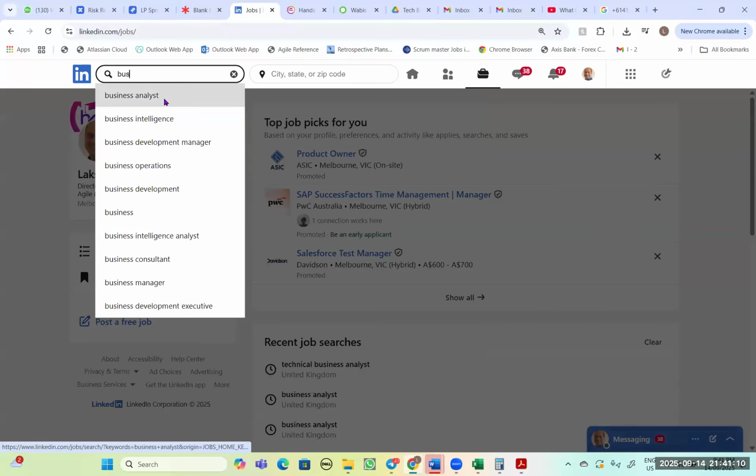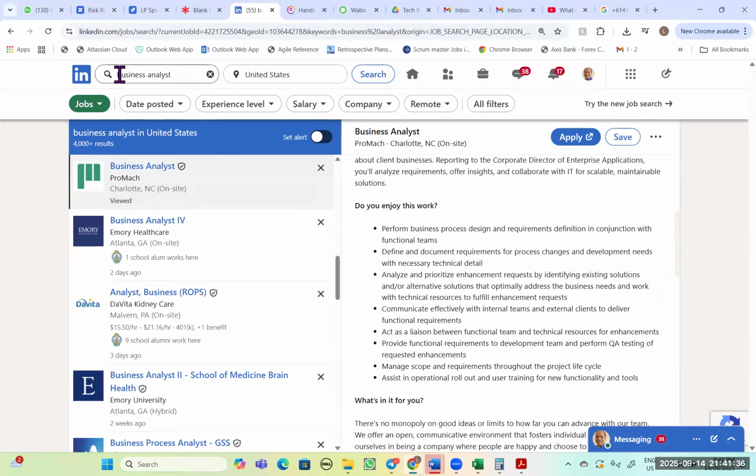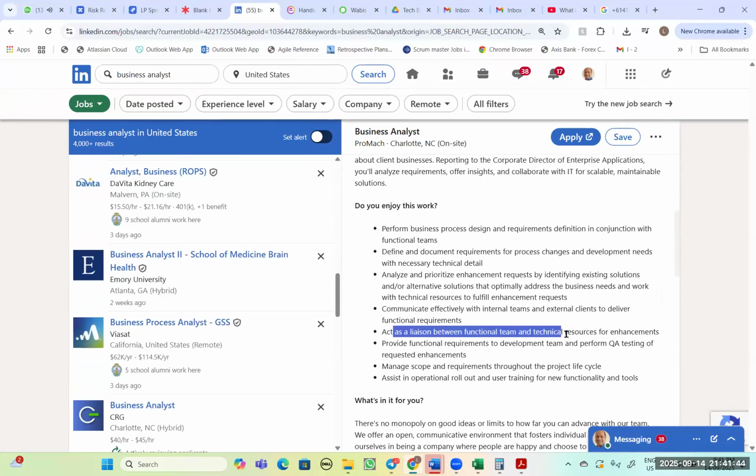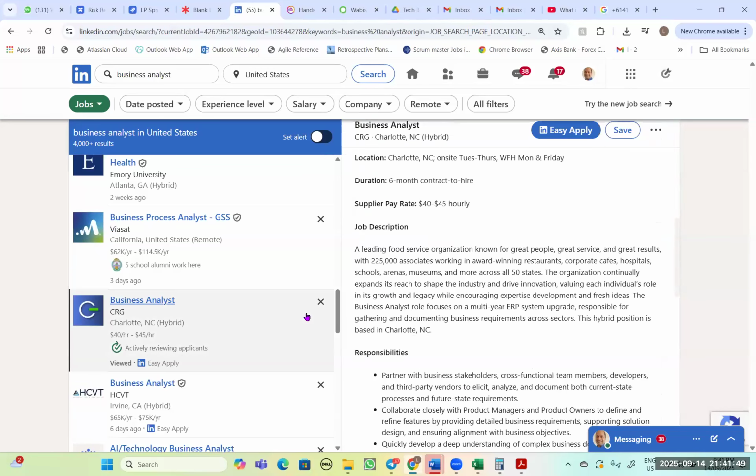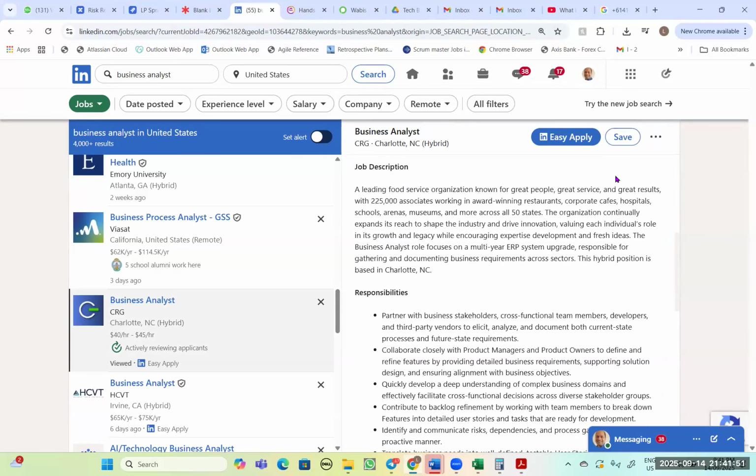It is going to closely sync with what DP has told us. If you want to be more specific, you can type tech business analyst. You see: analyze the requirements, communicate effectively, act as a bridge between the functional teams. Almost all the job descriptions echo the same skills which we are going to teach.